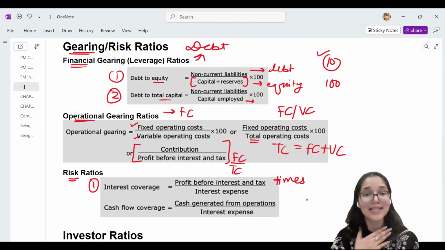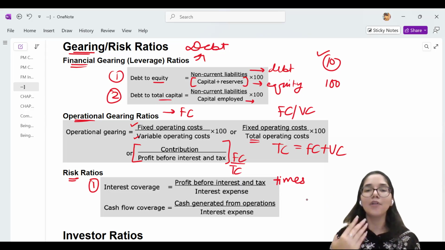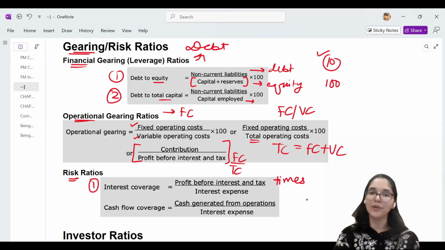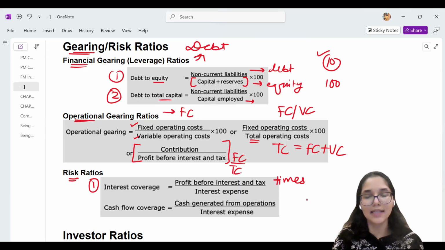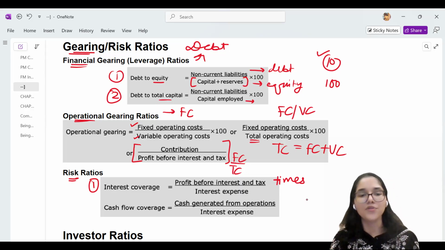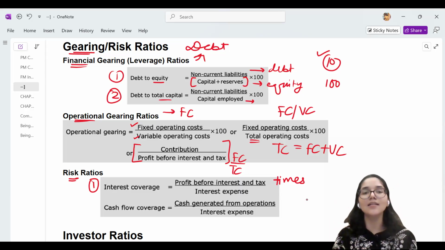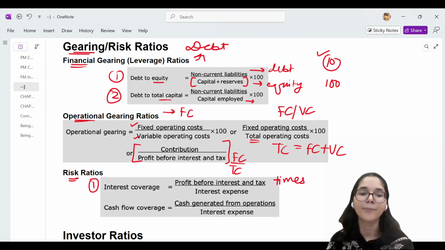That means I, as a company, have the capacity to pay the money 10 times. The higher the number, the safer the company is, because they have more money to repay the liabilities. Liabilities are less and the money the company has is more, so it is a safe company. The lesser the number, the riskier it will be.